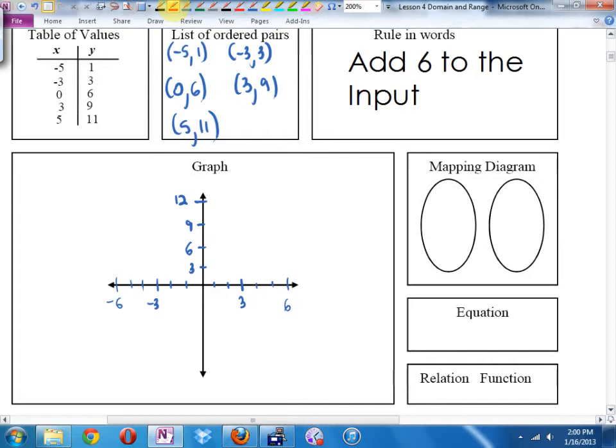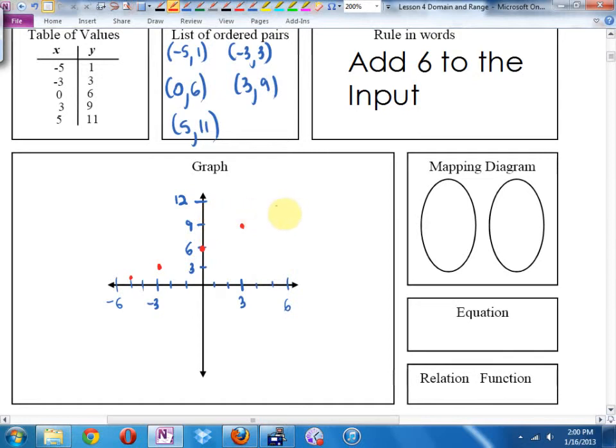So if I graph this, I get -5, 1. Yeah, about there, ish. I can get 0, 6 bang on. -3, 3 about there. 3, 9 about there. 5, 11.